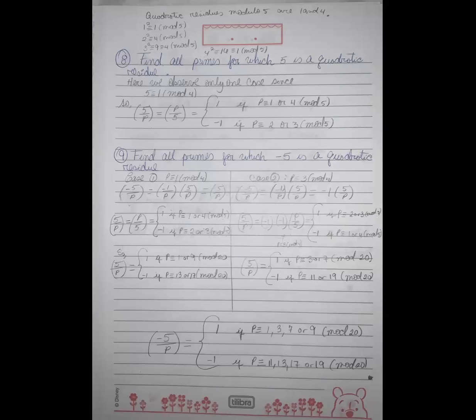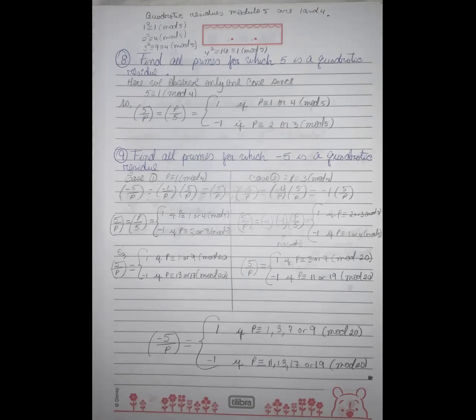Right, see, so -1 is a quadratic residue mod P if P is congruent to 1 mod 4. Yeah, that looks exactly correct.